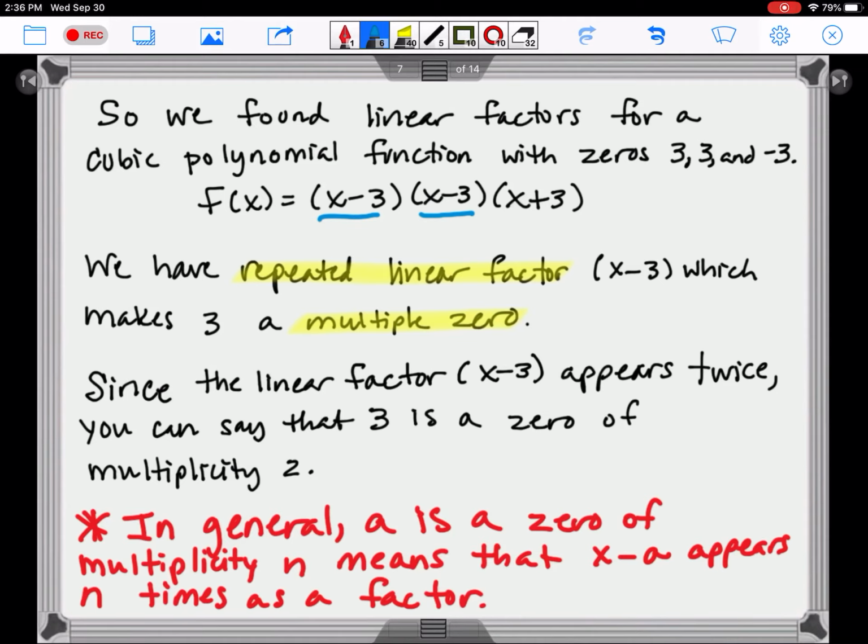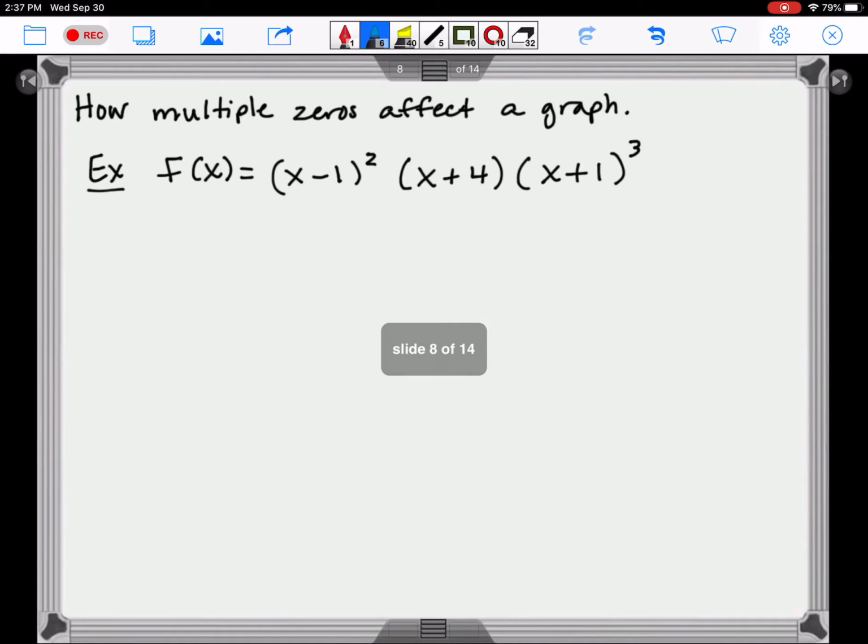So since you know the zeros and you know the linear factors, you can talk about its multiplicity. In general, a is the zero of multiplicity n means that x minus a appears n times as a factor. So for example, x minus 3 appears twice as a factor, and that means the zero, 3, has a multiplicity of 2.